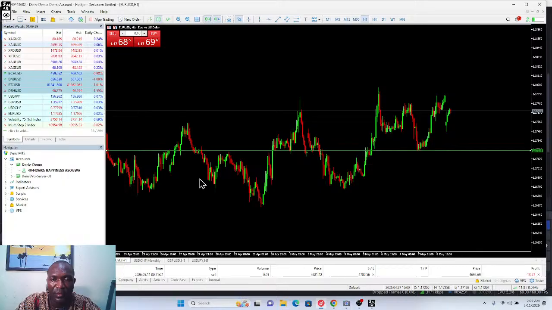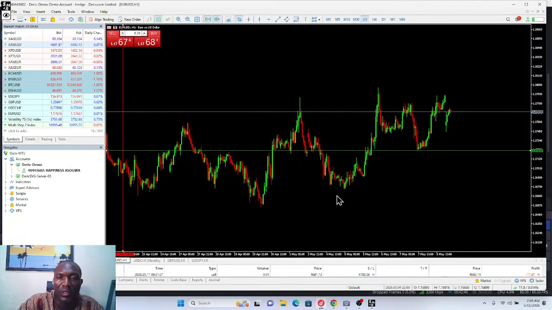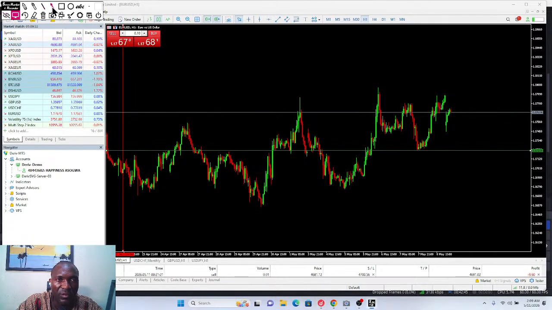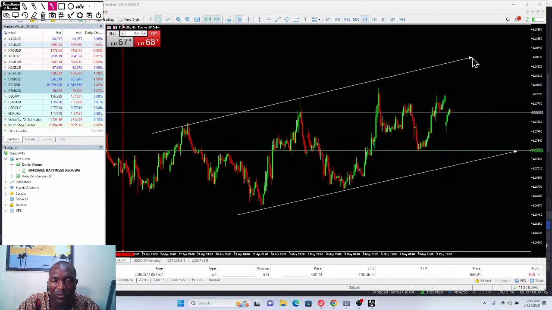Let's assume that to fix, take from here. This is where I will now decide to pick. Now, what is your own take on this? Is there an uptrend? Is there a downtrend? Is there a range? So just observe the market, then you will know if it's an uptrend or a downtrend. Good. So this is an uptrend.